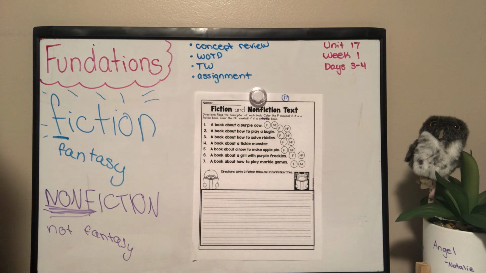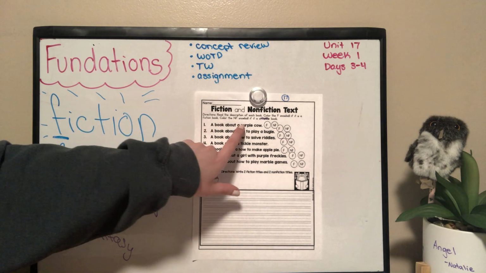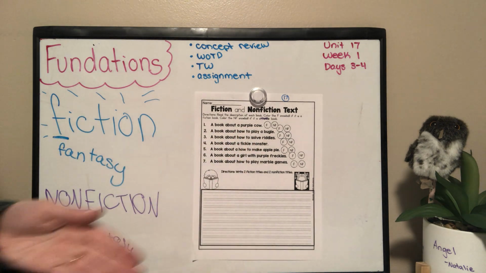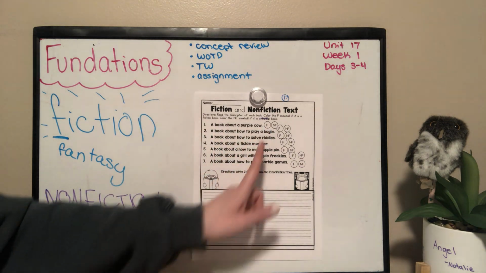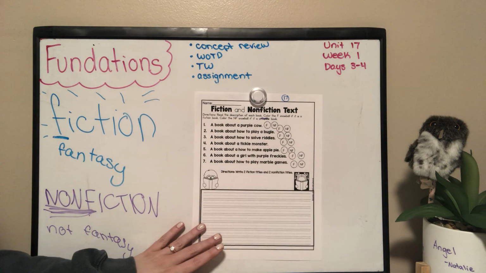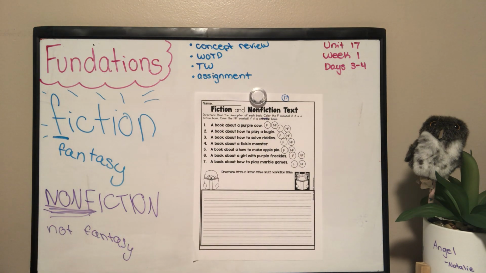You're absolutely probably right. That cow can do whatever it wants to do with its hair. But that's not how we're going to think for this paper. For a book about a purple cow, you just go into a farm and boom, purple cow. Fiction or nonfiction? Fantasy or not fantasy? That's going to be fantasy.